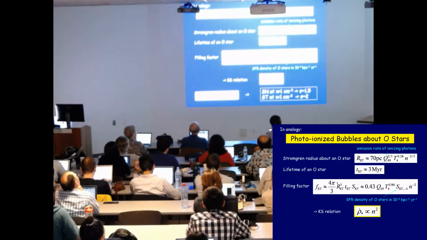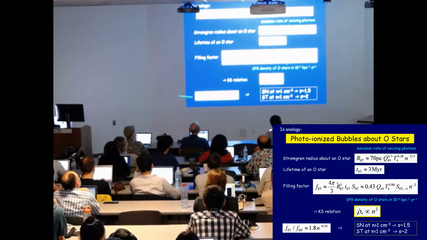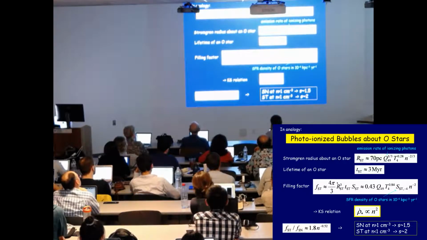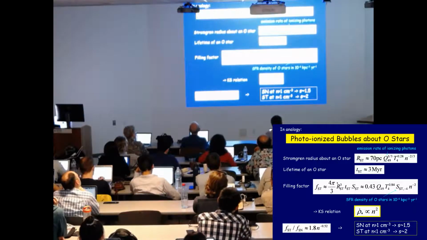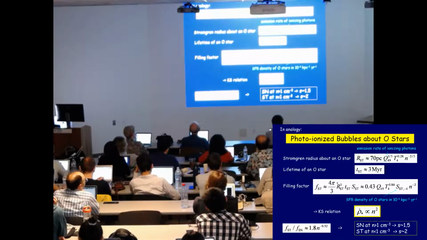So in some regime, if the photobubbles dominate over the supernova bubbles, and the ratio of the filling factor of Stromgren spheres versus supernova bubbles goes like n to the minus 2, at high n, you get the 1.5 from supernovae. At low n, you may get a steeper slope if you are ever in this regime, closer to 2.